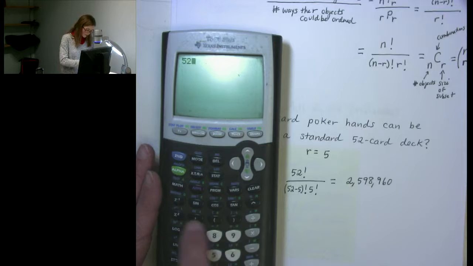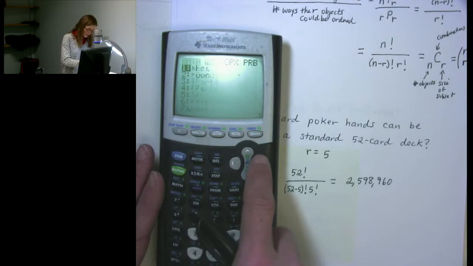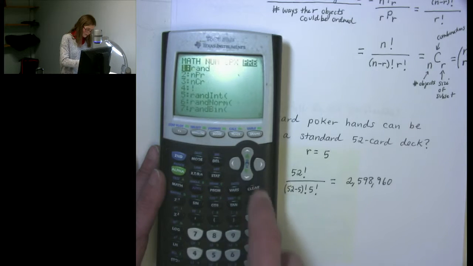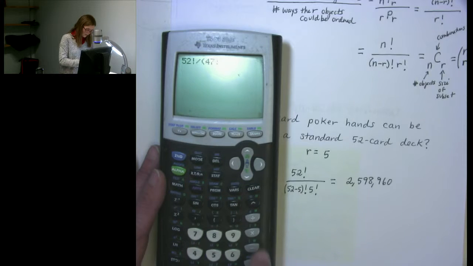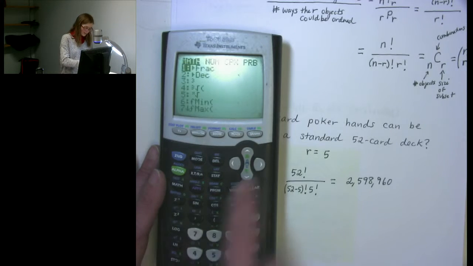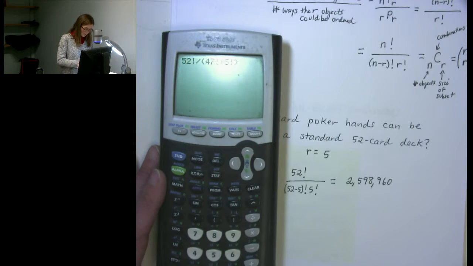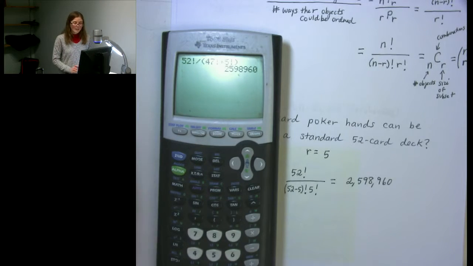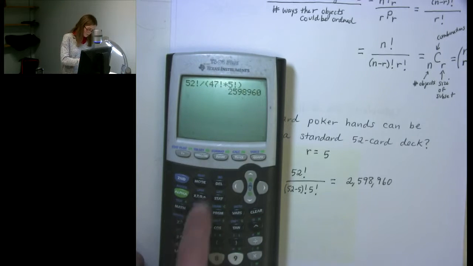I could say 52, go to the math button, and choose the factorial, divided by (52 minus 5 is 47), go to the math button, factorial, times 5, again to the math button, factorial, and it gives me my 2,598,960.